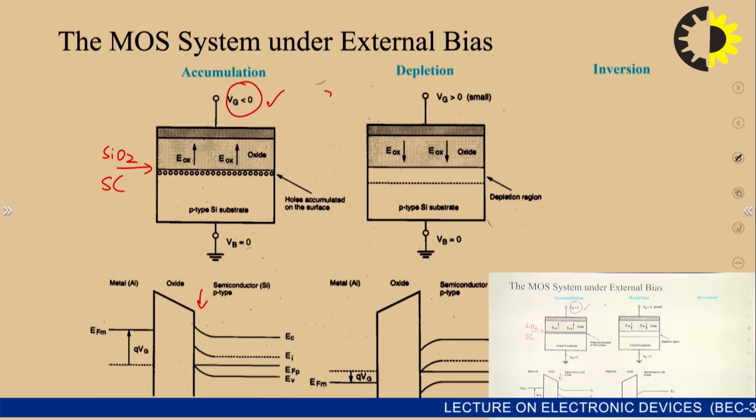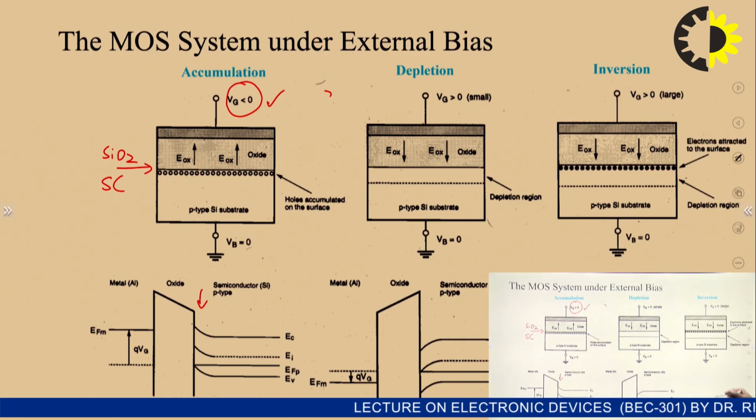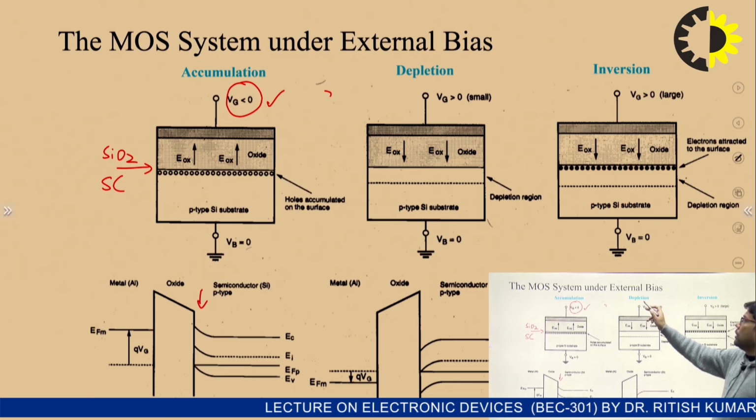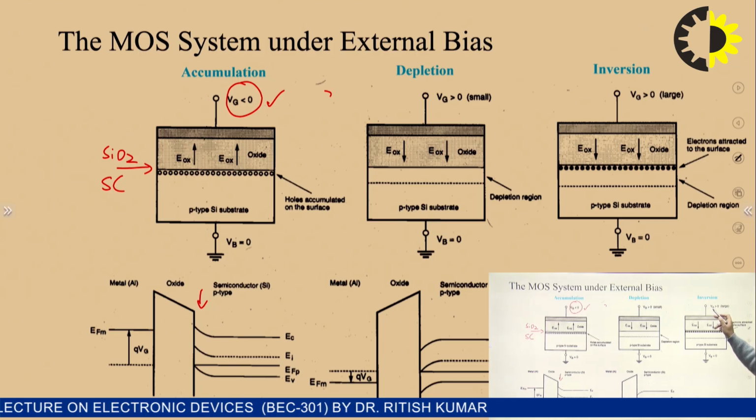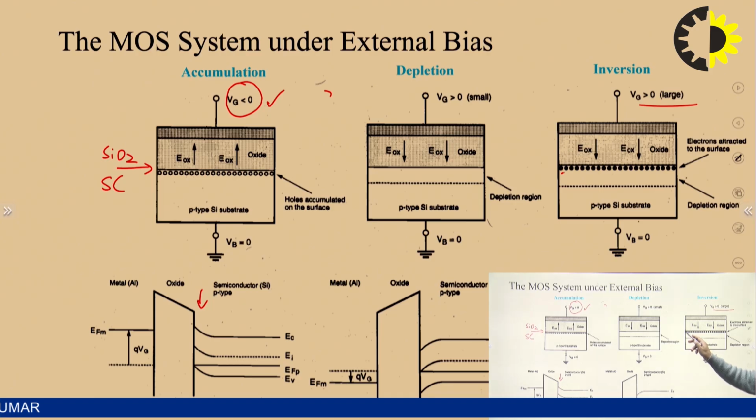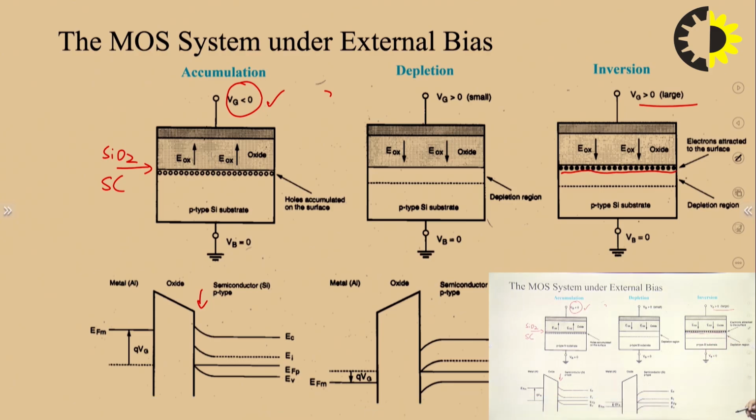Now the third one is the inversion layer. For the inversion layer, we need to give a somewhat greater voltage as compared to the depletion phenomenon. So we need to give a large positive voltage at the gate terminal. A larger number of electrons, that is minority carriers, are attracted towards the interface of SiO2 and semiconductor layer due to this positive voltage.